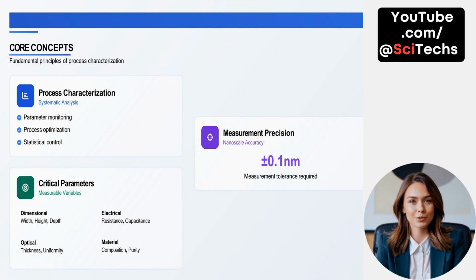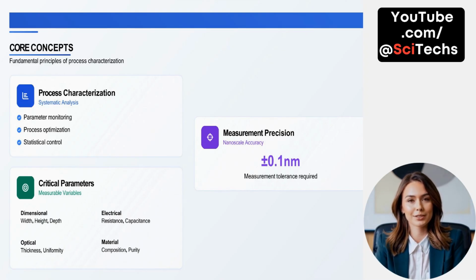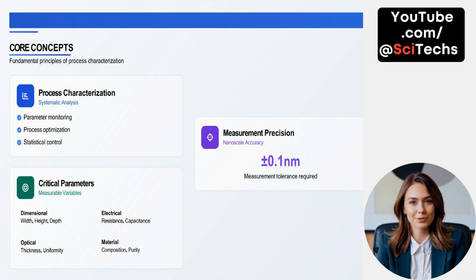Each of these measurable variables impacts device performance and must be precisely maintained. Measurement precision is essential, with tolerances often within plus or minus 0.1 nanometers, underscoring the nanoscale accuracy demanded by today's advanced technology nodes. These principles are fundamental to achieving consistent, high-yield semiconductor production.